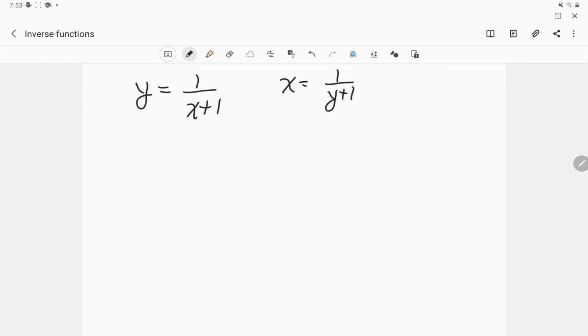The problem that we run into with this is that the y is in a binomial in a denominator, and that's not good. I can't just take the y out of the denominator because it's part of that binomial, y plus 1. The only thing I really can do with that is multiply the whole thing by y plus 1 so that they cancel.